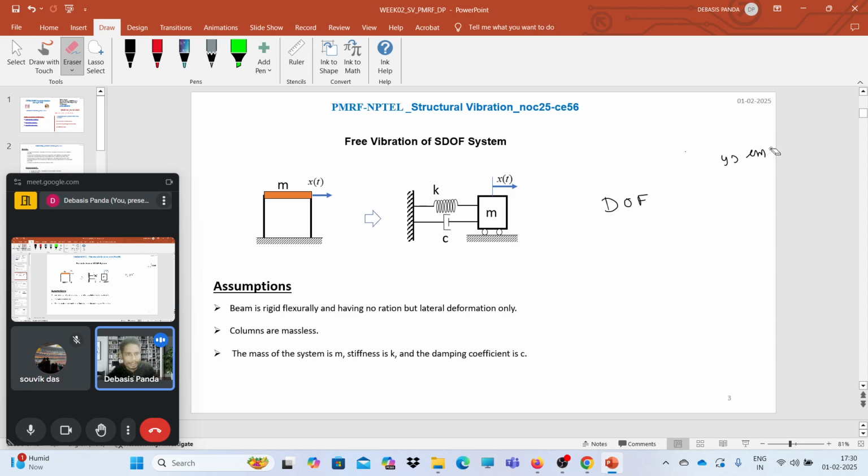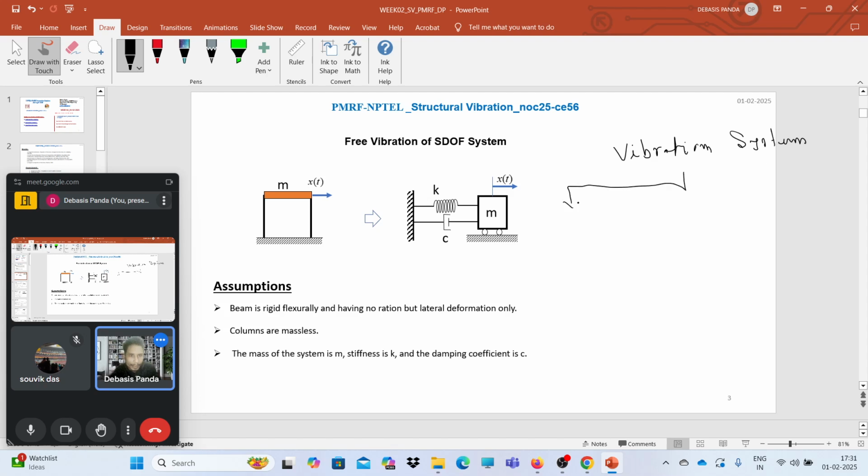First, the free vibration case, where the system or body is free from external loading and vibrates due to the initial conditions we have provided.